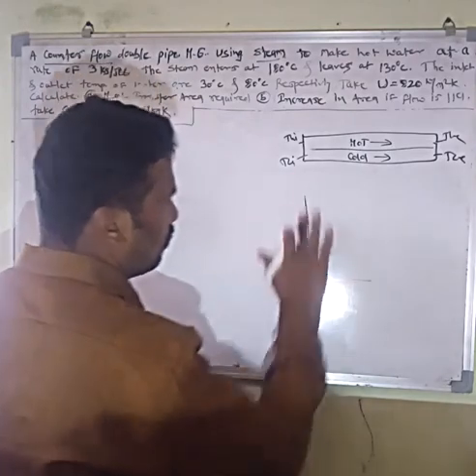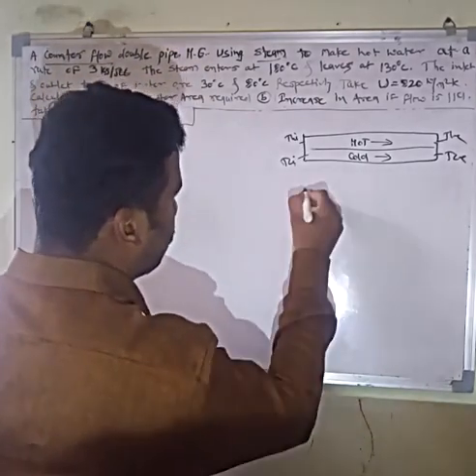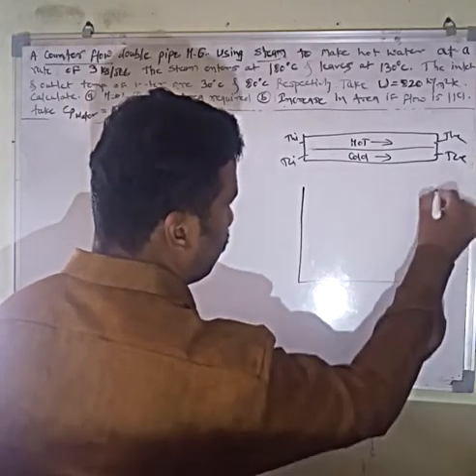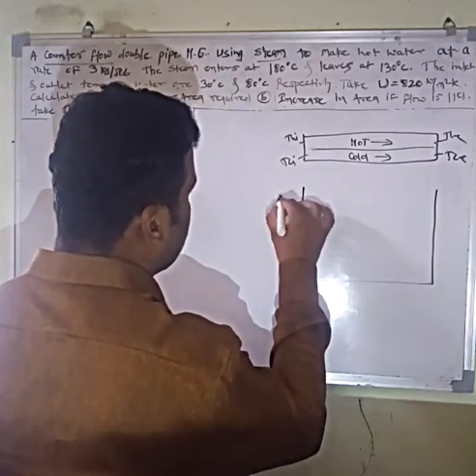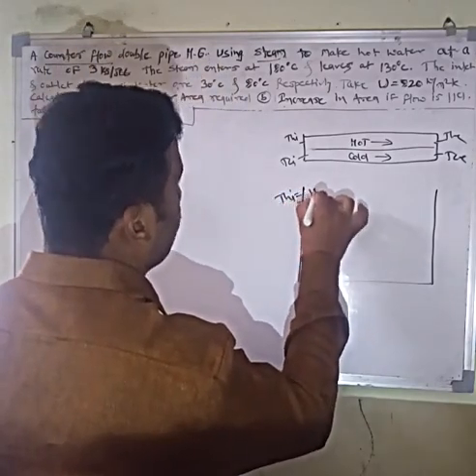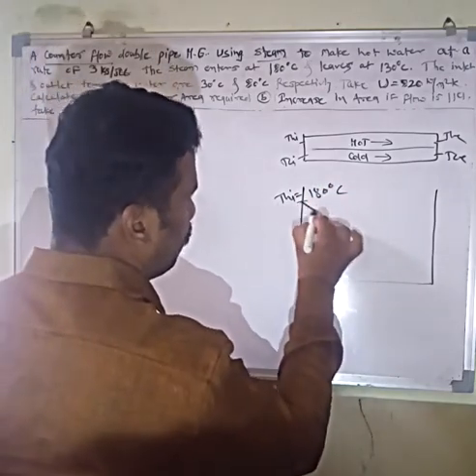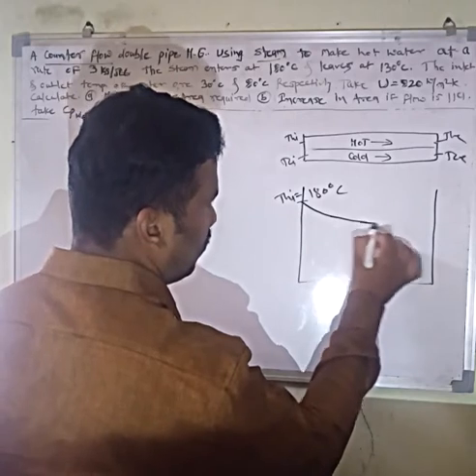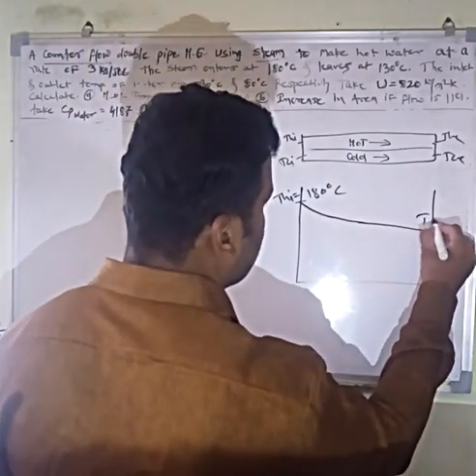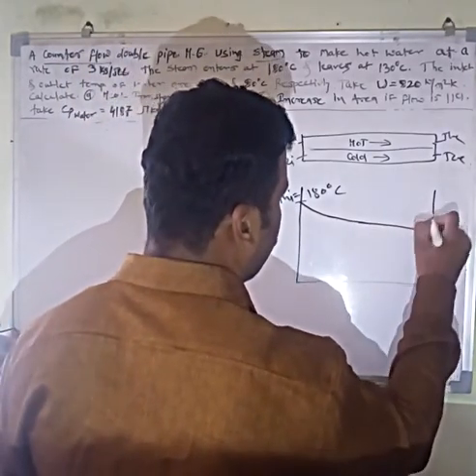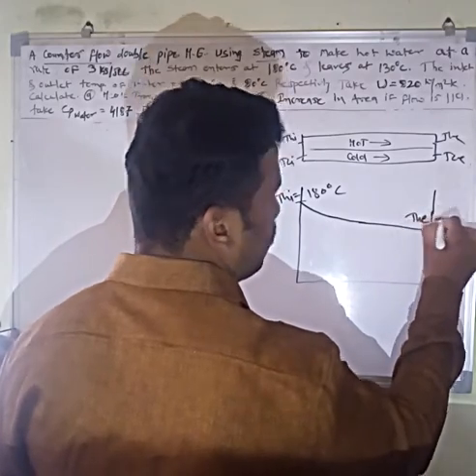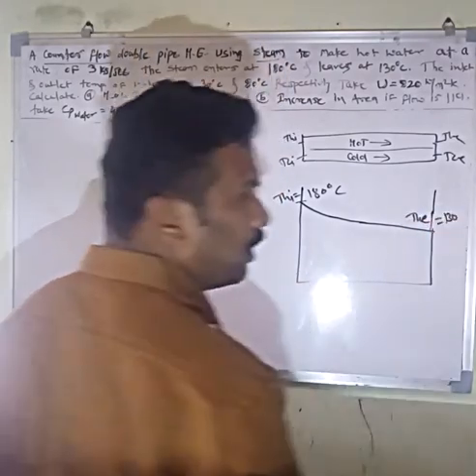Similarly we will draw the temperature distribution. Thi is 180 degree centigrade. It loses heat energy and its temperature decreases, The equals 130 degree.